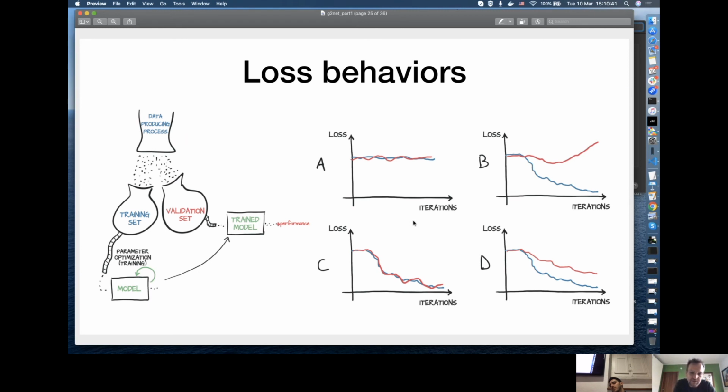So in general, it's good to have a model that has some ability to retain some information about the training set. So C is ideal.